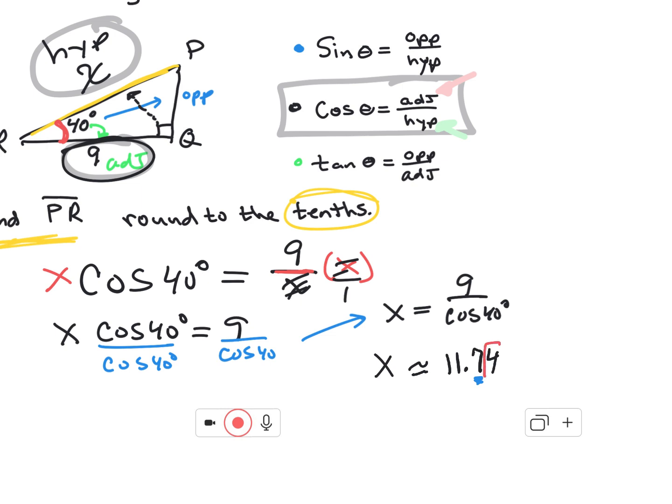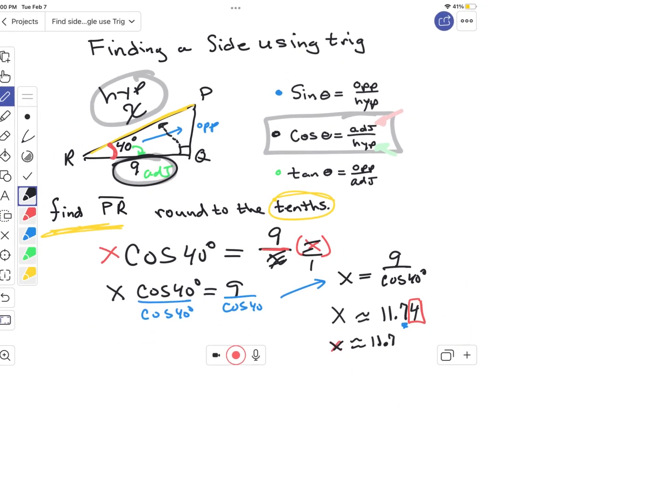We look at the next number, and if that number is lower than a 5, then we leave it as 11.7. So we now know that the distance PR, which is the hypotenuse in this case, is approximately 11.7 units long. So that's how you find side lengths using trigonometry.